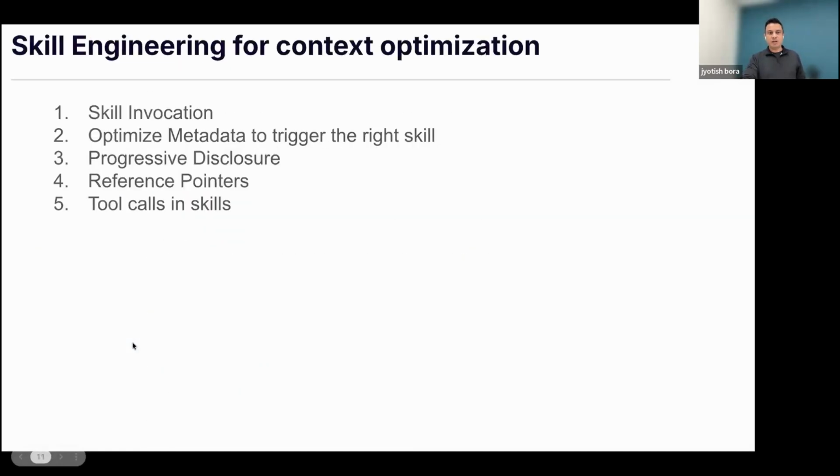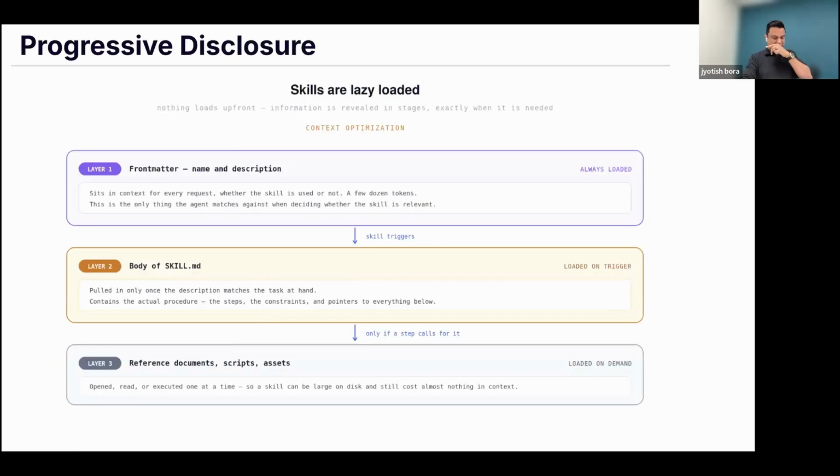The way it works is that in the beginning, when you first get the skill, the only thing the agent sends to the LLM is the front matter, name and description. This is always loaded in the context, and that's why it's important to make the name and description clear and concise so that you are not overloading the context.